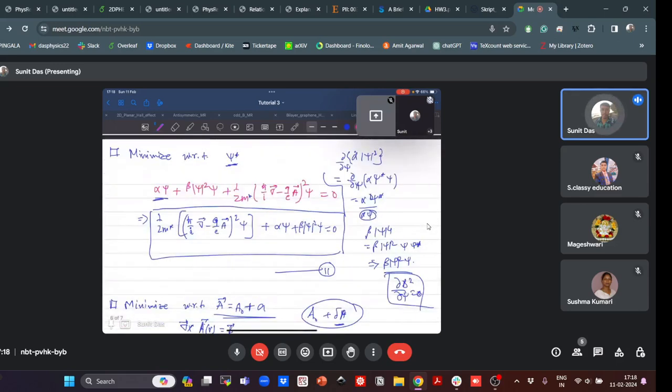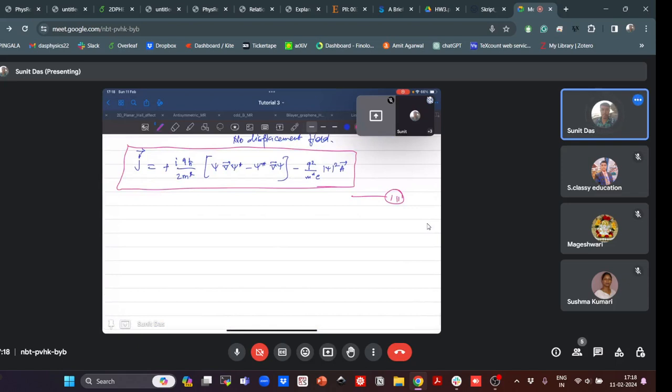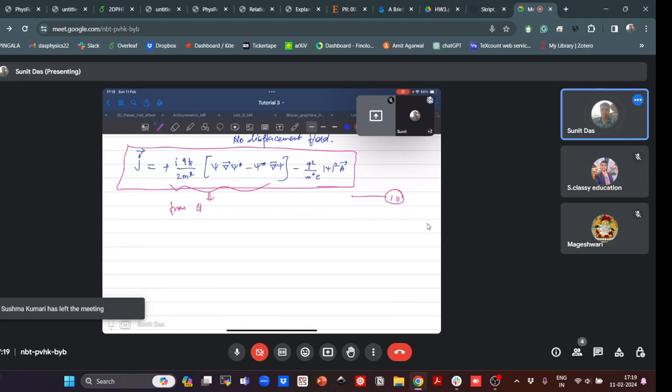So the first equation we got is this, and the second equation we have is this equation, which is exactly the expression of current density. This is the probabilistic current density we know from quantum mechanics.